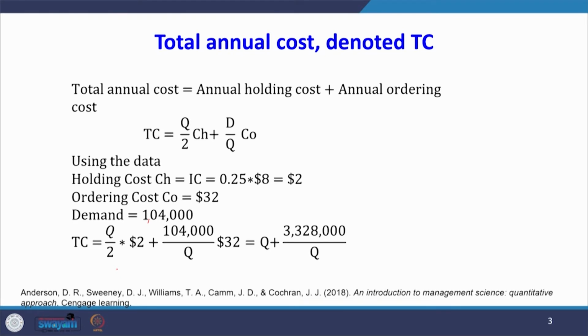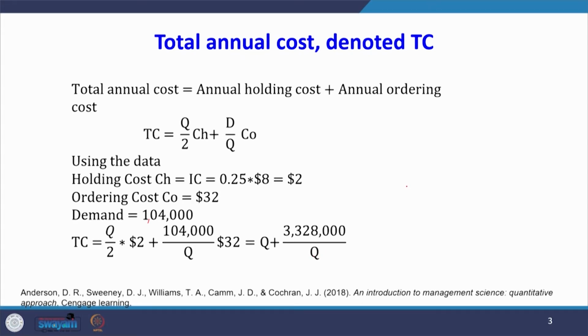What is the formula for total cost? Q by 2, multiplied by the holding cost, plus 2 demand divided by Q multiplied by ordering cost. When you simplify, you will get Q plus 33 lakhs 28,000 upon Q. So, we have to find out this Q value.